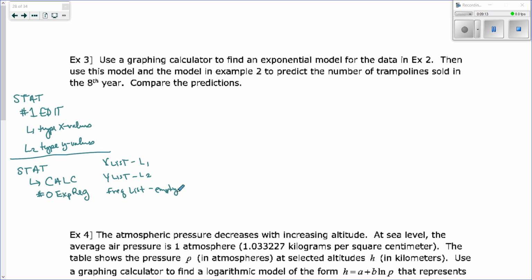You don't want anything there. And the store regs, we don't need anything there, which is storing the regression line. So we're not going to use that for this part. And then you'll see a calculate button. This is the one that you want to arrow down and hit.